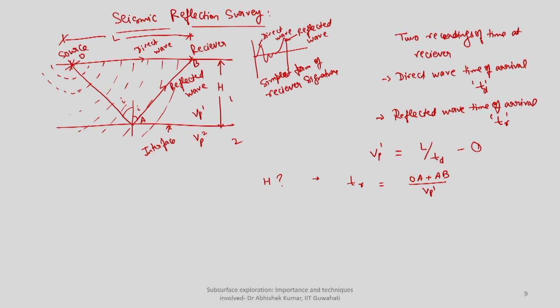Vp1 is the velocity along the propagation path of the reflected wave between the source and the receiver. Now, OA and AB are equal, so you can call it 2 times AB divided by Vp1. Now, because the incidence angle is equal, this length will be L by 2, and this another one will be another L by 2.